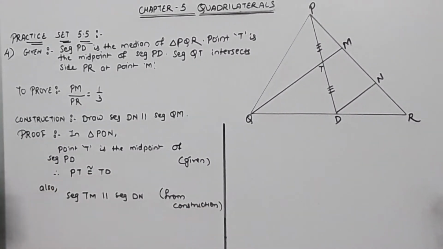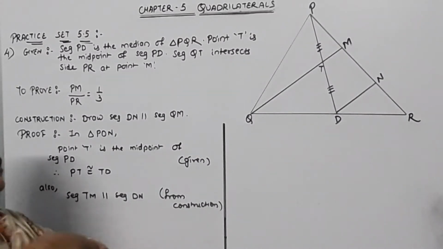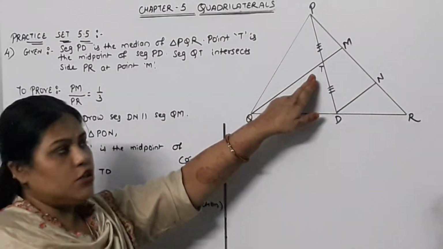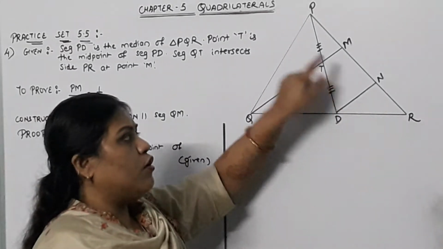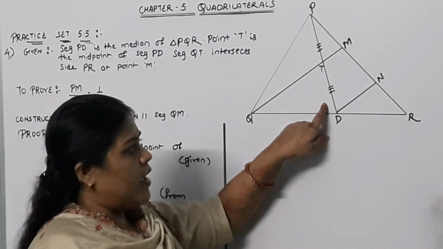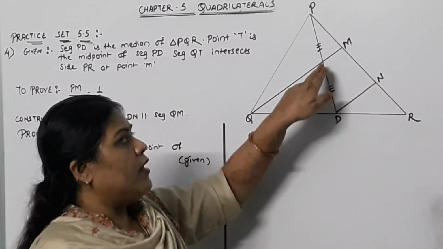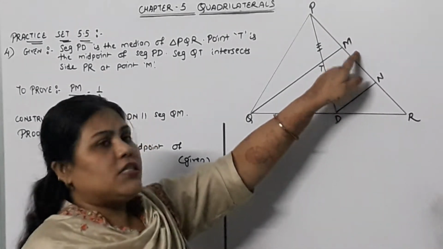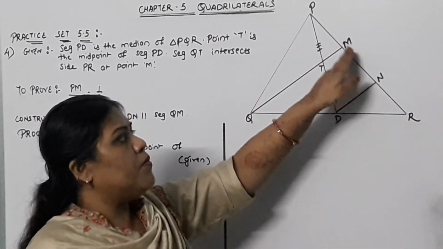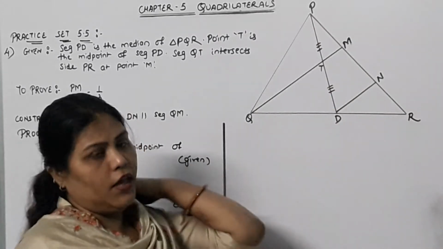Now see, from converse of midpoint theorem, what we can say is that if a line is drawn from the midpoint of any side of the triangle, and that line TM is parallel to DN, then this line bisects the third side, meaning M is the midpoint of PN.